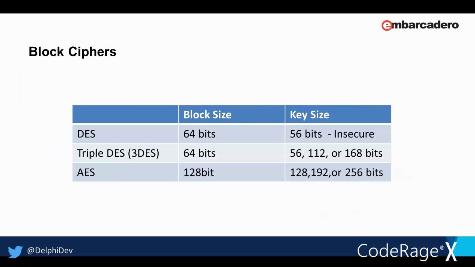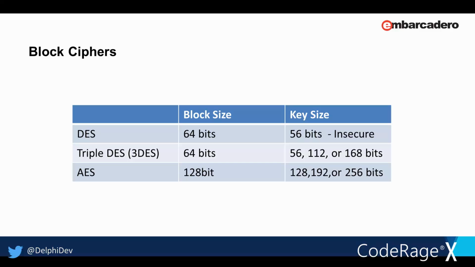Let's talk a little bit about what's called a block cipher. A block cipher is an algorithm built and designed to work with a fixed amount of data. So with the DES algorithm, the block size is 64 bits. And if you'll notice, the key size, the key that we're using to encrypt, is 56 bits.